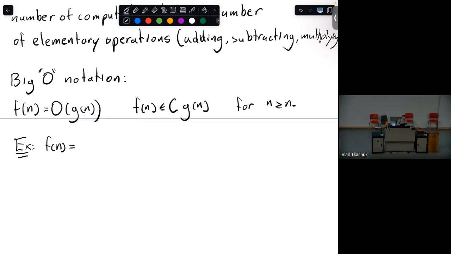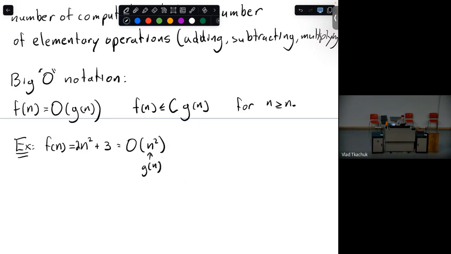So for instance, if f of n is, let's say, 2n squared plus 3, then you can write that this is big O of n squared. This will be our g of n function.